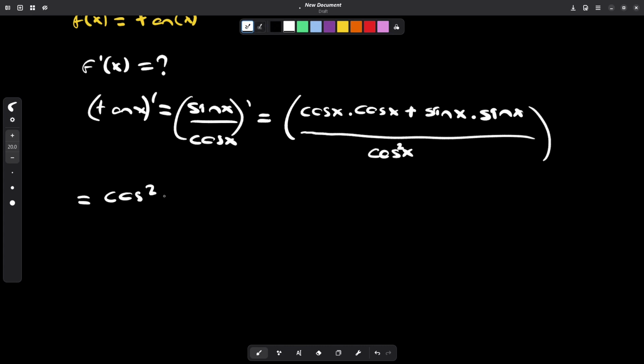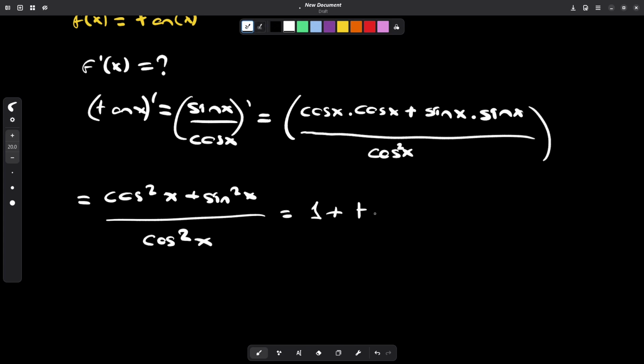This is equal to cosine squared x plus sine squared x over cosine squared x. From here, you can get two equations. The first equation: if I separate this into two fractions, I get 1 plus tangent squared x, because cosine squared x over cosine squared x is 1, and sine squared x over cosine squared x is tangent squared x.